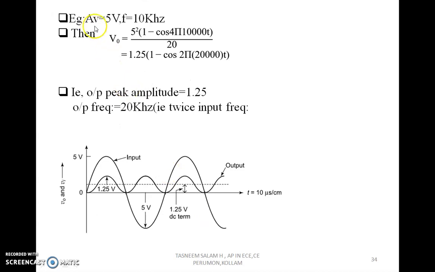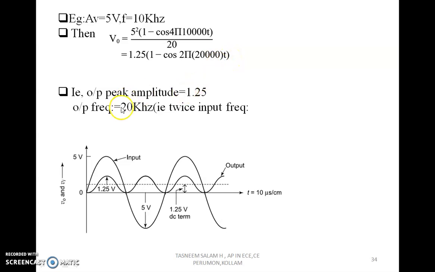So we can see an example. Av is equal to 5 volt and f is equal to 10k hertz, and we have applied it. V0 is equal to 5 square into 1 minus cos 4 pi 10k t by 20. So 5 square by 20 is 1.25 into 1 minus cos 2 pi 20k t.